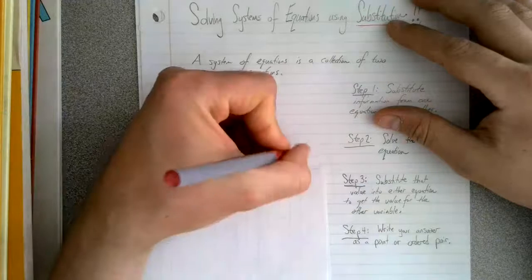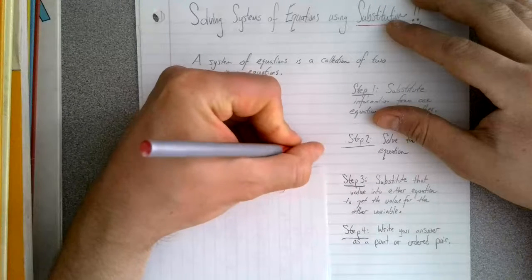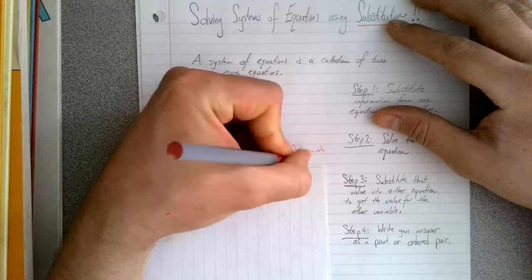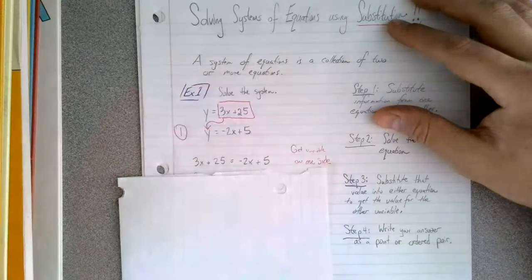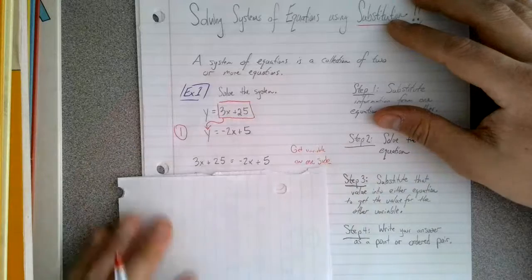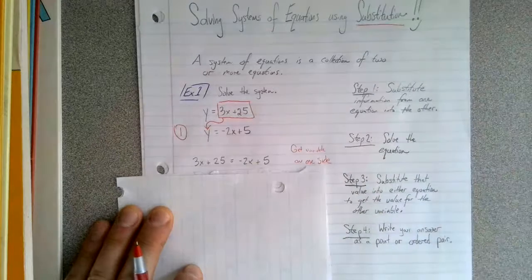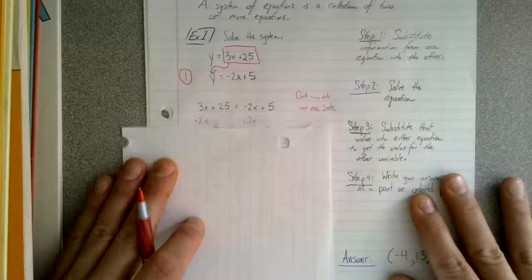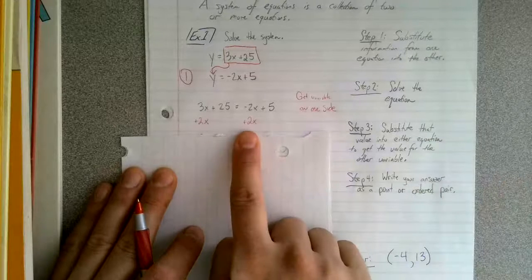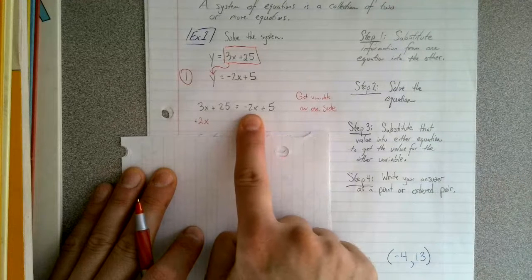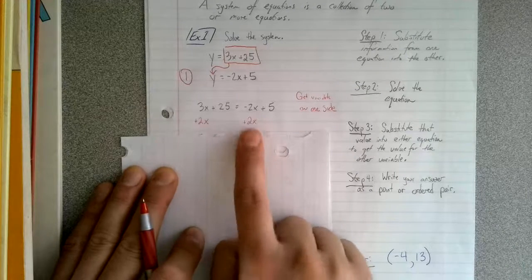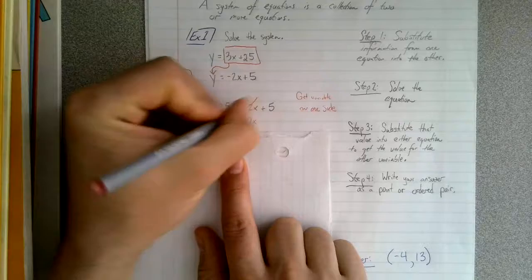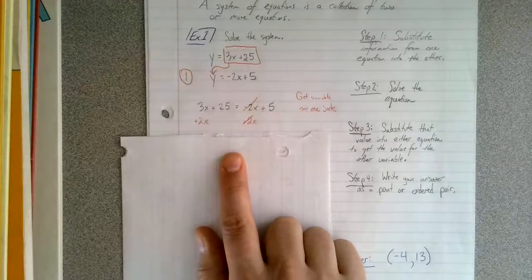So we're going to get the variable on one side. I'm making the decision to eliminate the variable on the right-hand side by adding 2x to both sides, because this is a negative 2x. So we add 2x to both sides, which eliminates the x on the right-hand side.